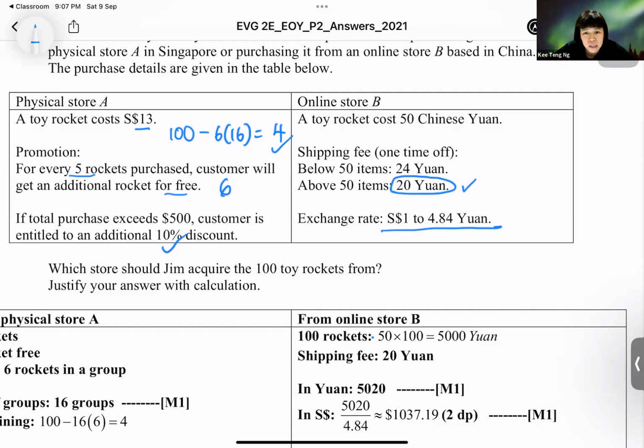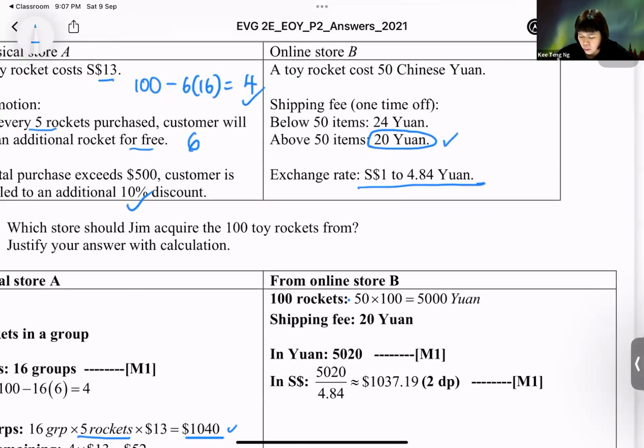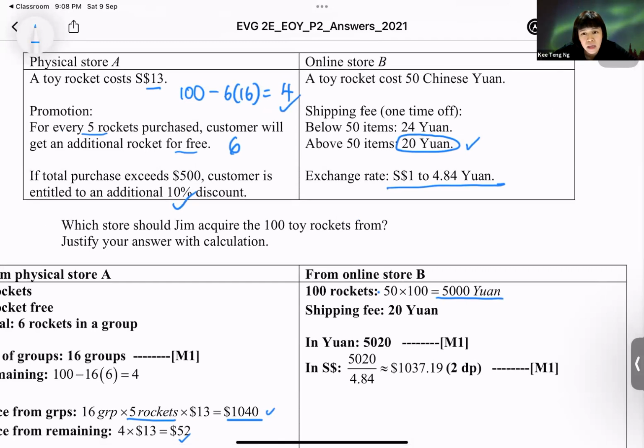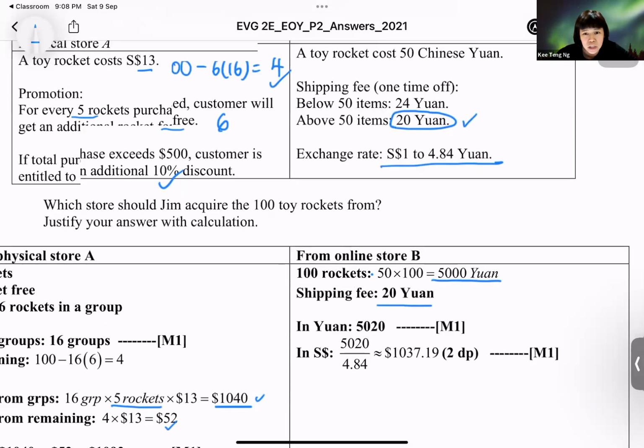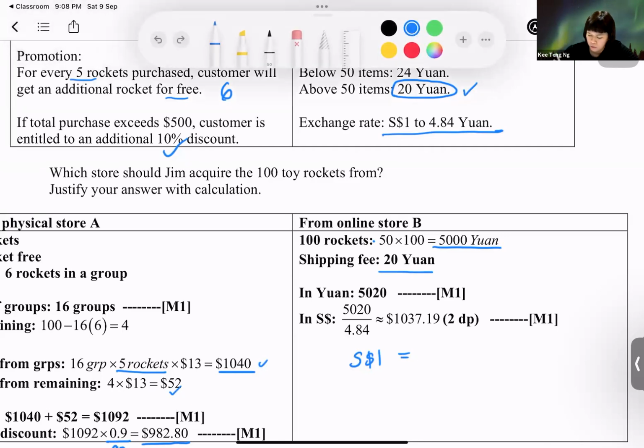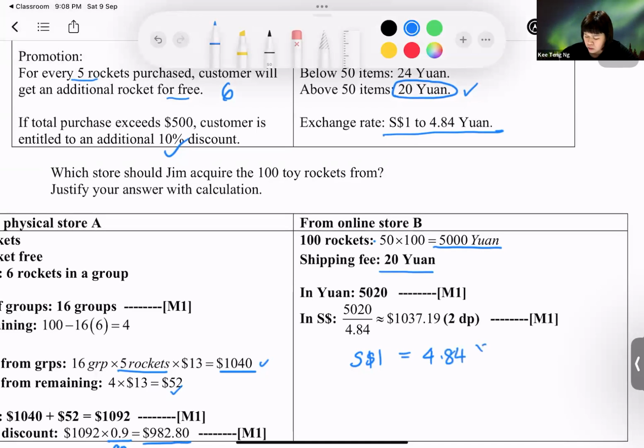And it's 50 Chinese yuan each. So 50 times 100 gives the total amount in yuan, and then I add my shipping fee. Then I find my total in Chinese yuan. But as usual, I need to do my conversion. Singapore $1 is to 4.48 yuan, and I'm converting 5,020 yuan.